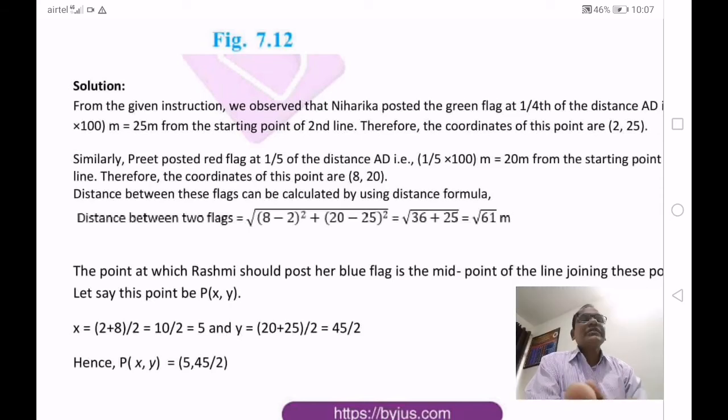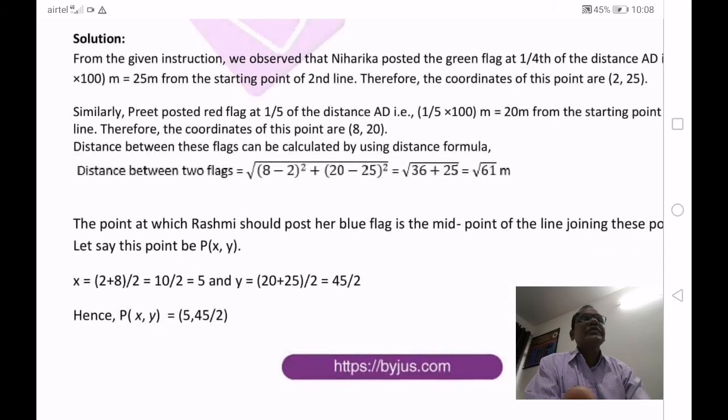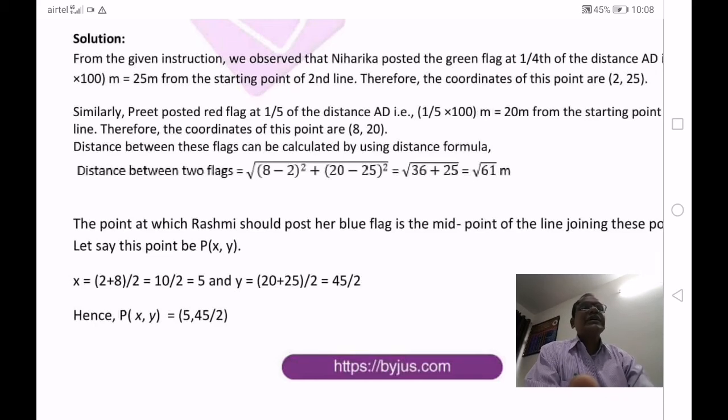The distance between the two flags, Niharika and Preet, equals square root of (x2 minus x1) whole square plus (y2 minus y1) whole square, the distance formula. That is 8 minus 2 whole square and 20 minus 25 whole square. 8 minus 2 is 6, whole square is 36. 20 minus 25 is 5, whole square 25. 36 plus 25 equals square root of 61 meters. That is the distance between these two flags.